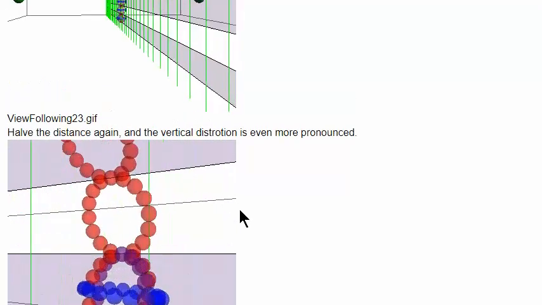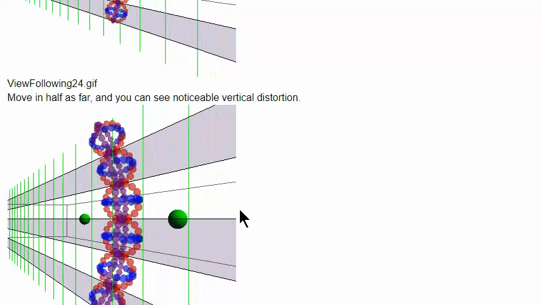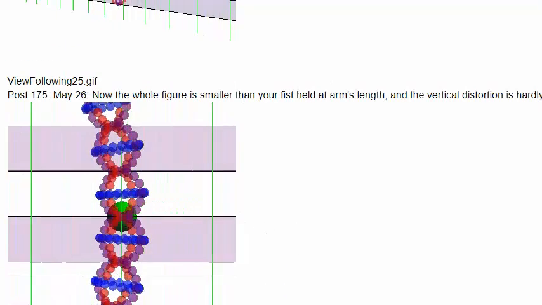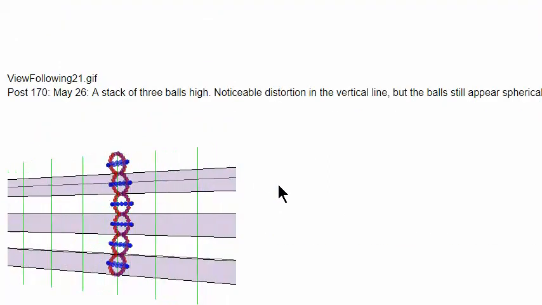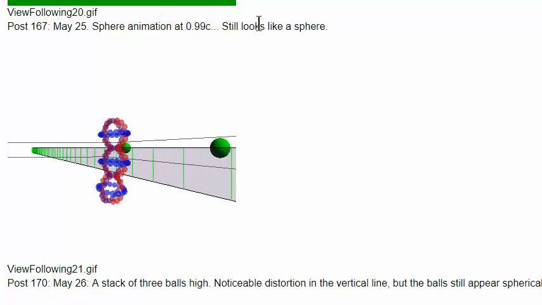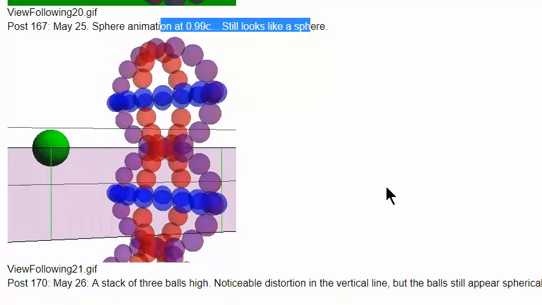The vertical distortion, I guess, were these all using the same speed of light? Why do I not have the speed marked here? Yeah, sphere animation at 0.99 C. Still looks like a sphere. That's what it was.